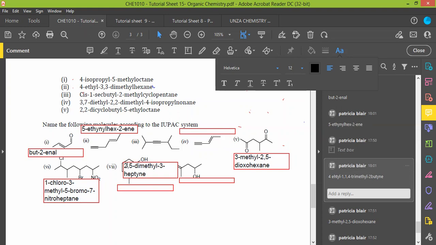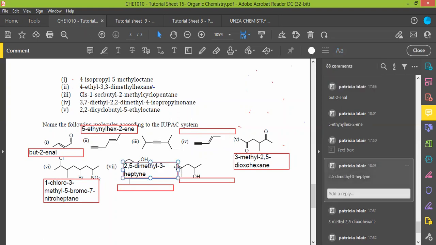So 2,5-dimethyl-3-heptyne. That is the name of your molecule. So this name actually goes up to your molecule. So let me do that, and then try to extend it like that.